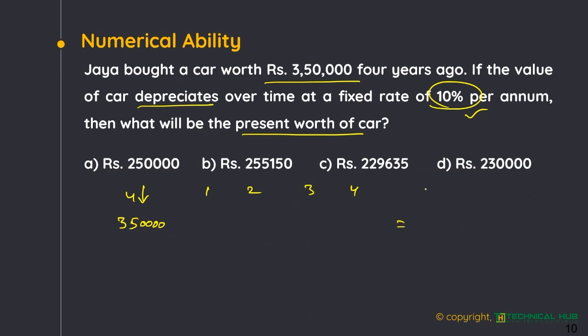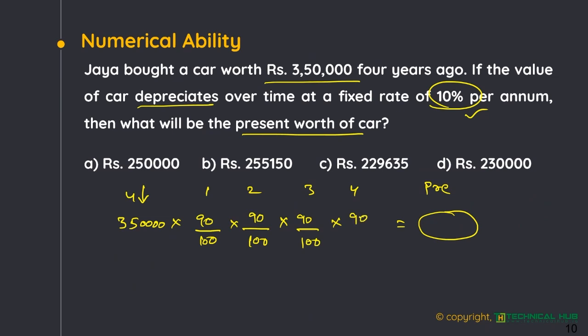Here every year 10% decreases. During the first year 10% decreases, remaining 90% will be left over. Second year also 10% decreases, remaining 90%. Third year also 10% decreases, remaining 90%. Fourth year also 10% decreases, remaining 90%.